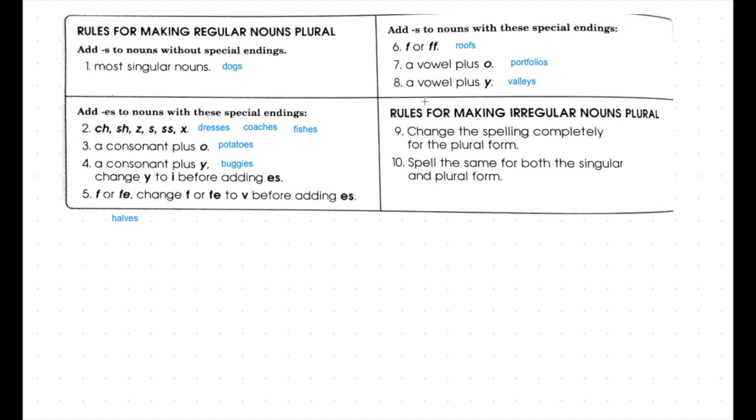Rules for making irregular nouns plural. Change the spelling completely for the plural form. So this is if we have an irregular noun, like woman.